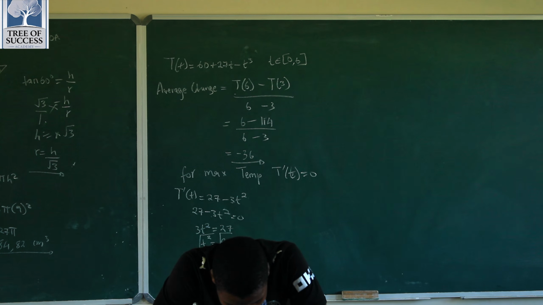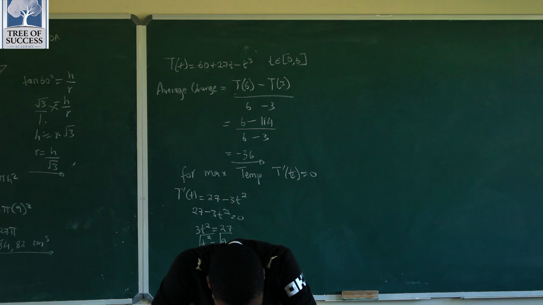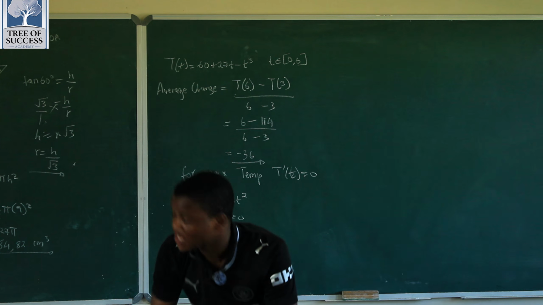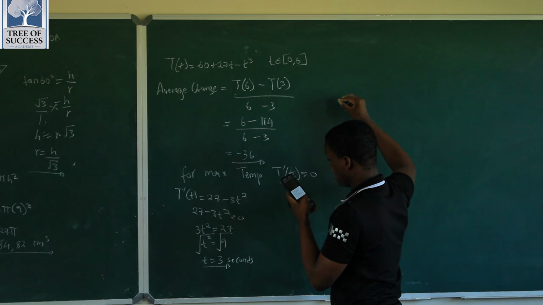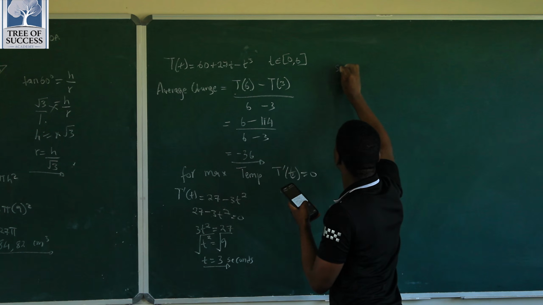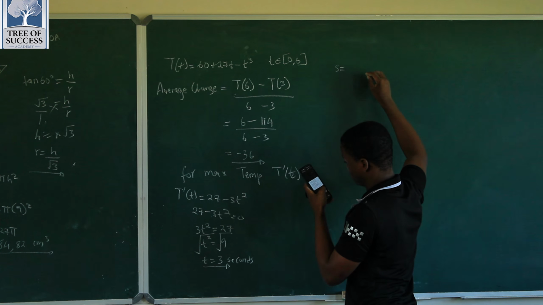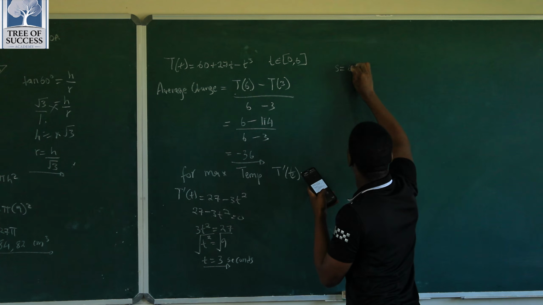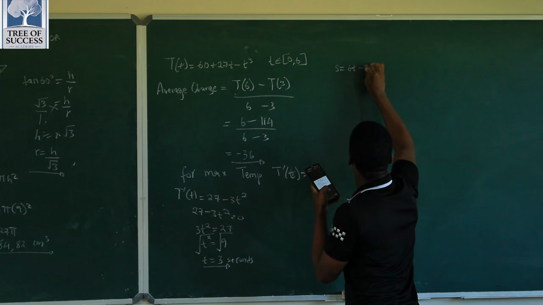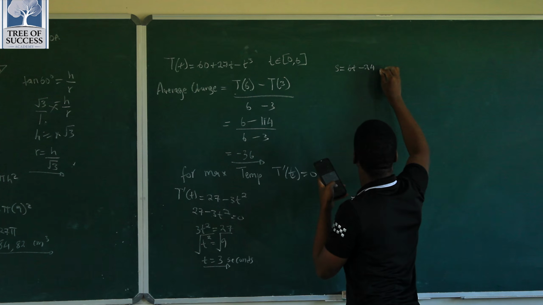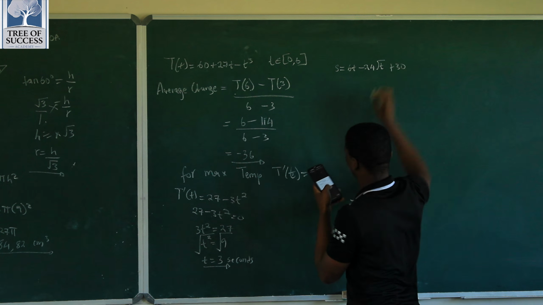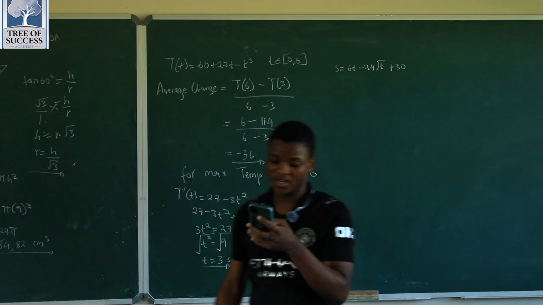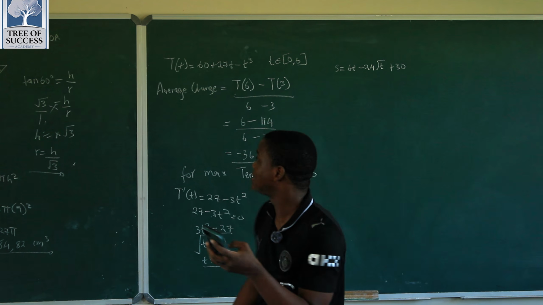All right, so now it says 5.2, a particle moves according to the formula, right? So the formula here is S equals 6t minus 24 square root of t plus 30. So a particle moves according to that formula where S is the distance.